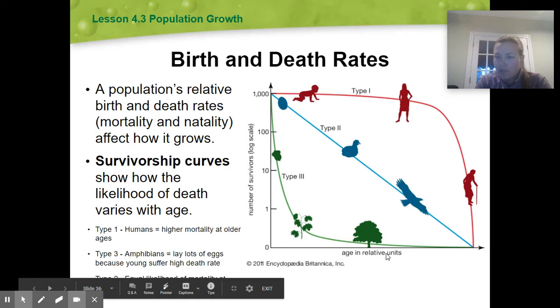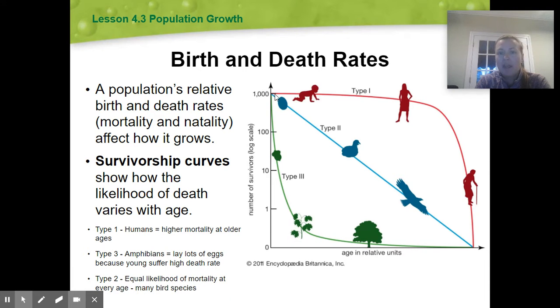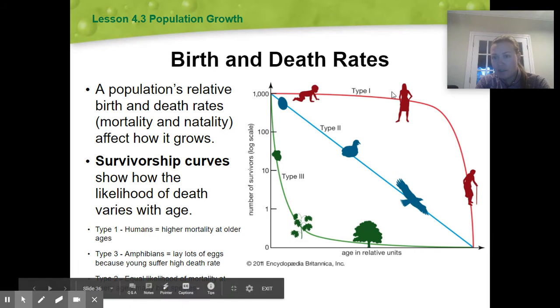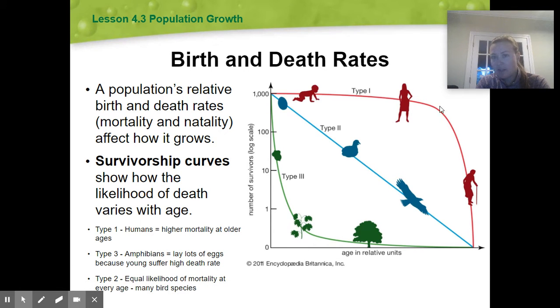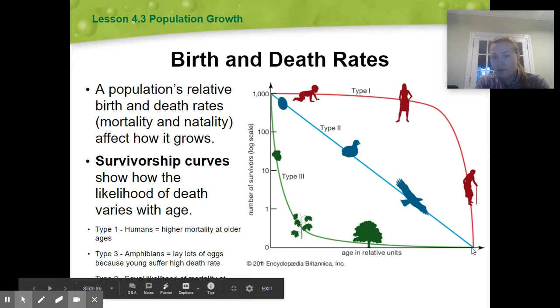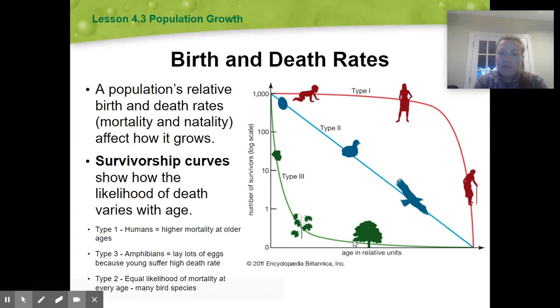We have age in relative units, and then we have number of survivors. And so humans, we have a higher mortality at an older age. Say that this wouldn't keep going because we're not living. So you can see here, the age in relative units starts going down in number of survivors as we get older.